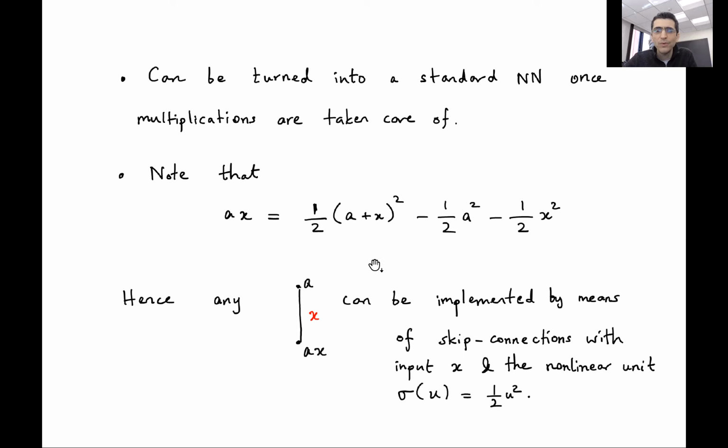So if we use the nonlinear unit sigma equal to 1/2 u squared, then all we have to do is combine a and x with plus or minus 1s, compute their nonlinear functions, and then combine them again with plus or minus 1s.